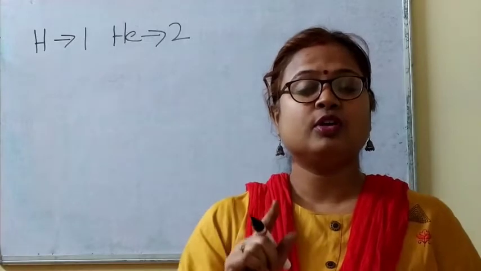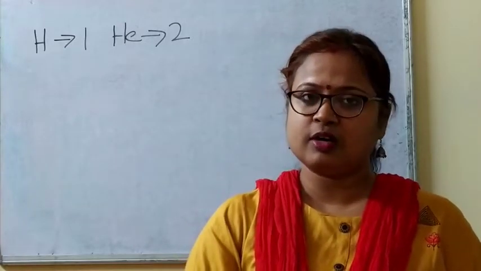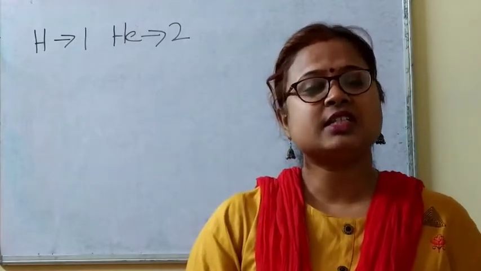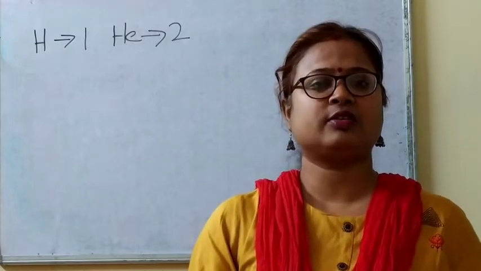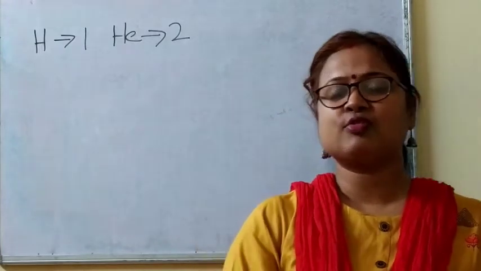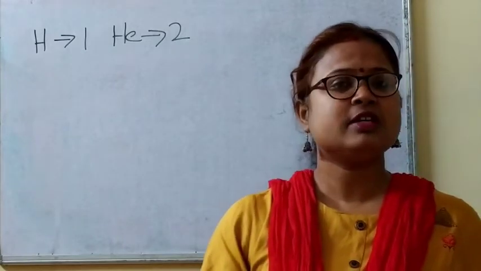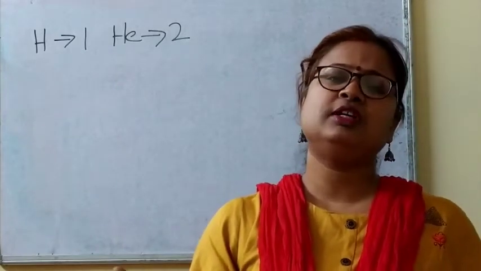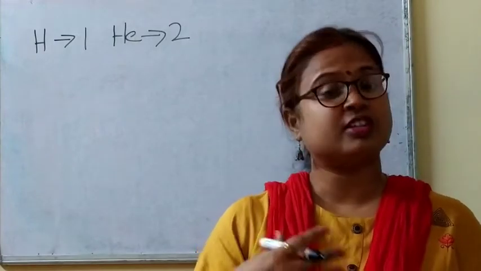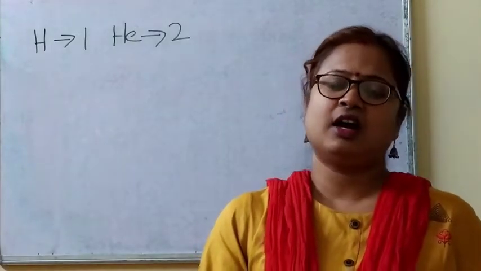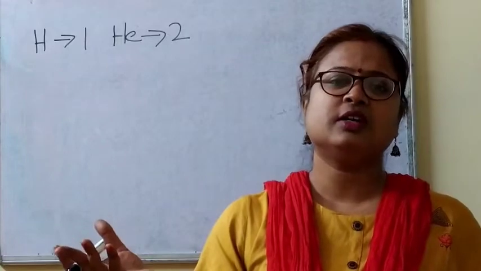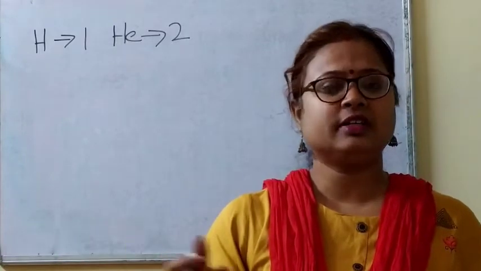Helium has 2 electrons in the outermost orbit and is satisfied with these 2 electrons, and that is why helium is an inert gas. Because helium is satisfied with 2 electrons, it does not react with anyone or exchange any electrons with anyone. This is called an inert gas.